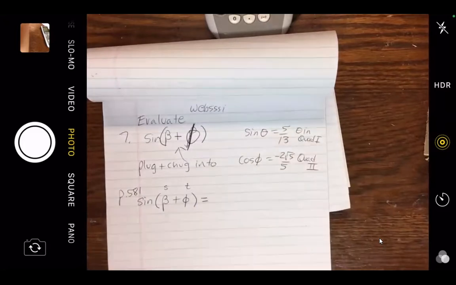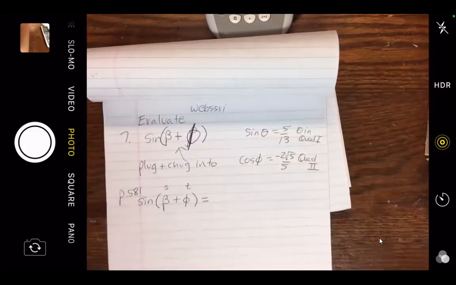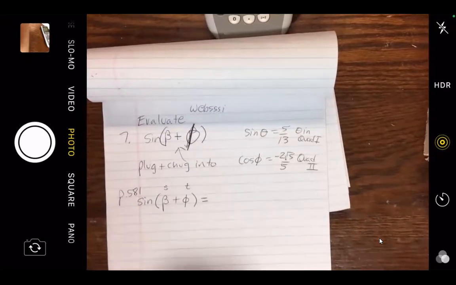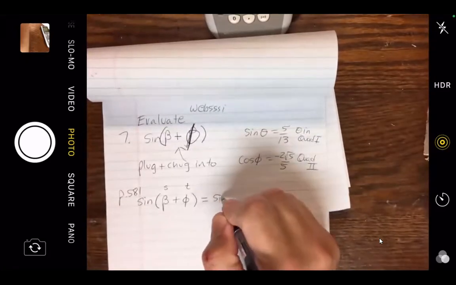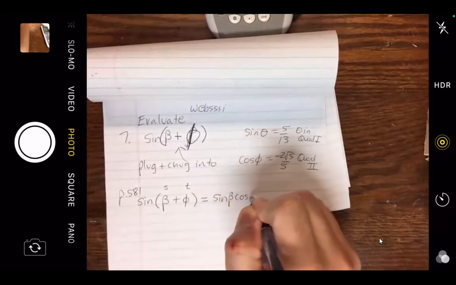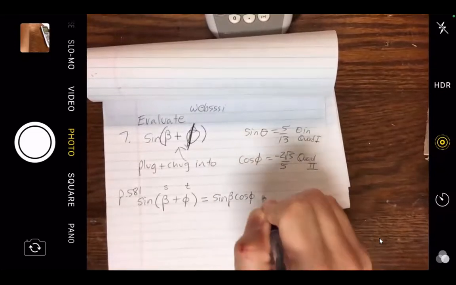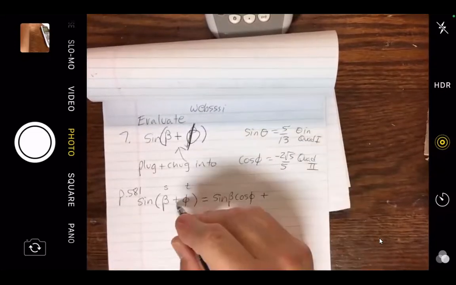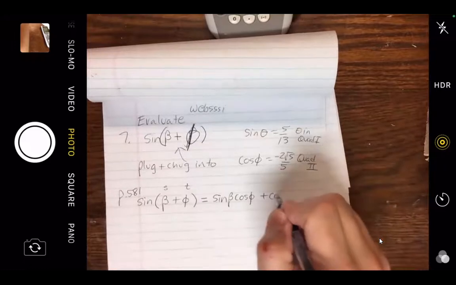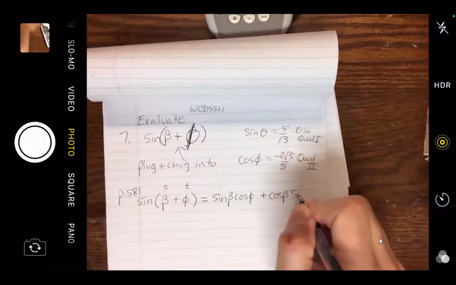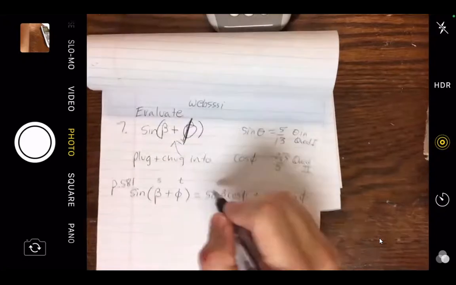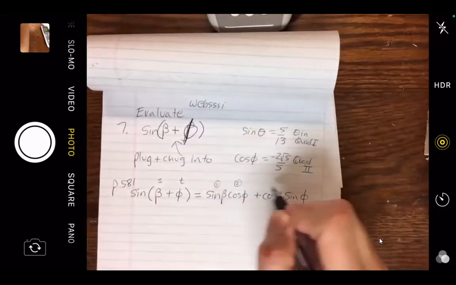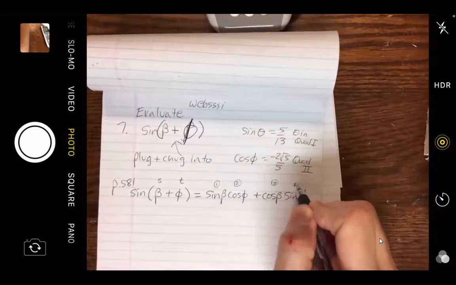If I give you a problem, you've got to know these formulas. And I can't keep you from using the book like I could in the regular class, you know? So it goes sine of the first, cosine of the second, same sign in the middle, and reverses: cosine of the first, sine of the second. Again, if you want to label this piece 1, piece 2, piece 3, piece 4.